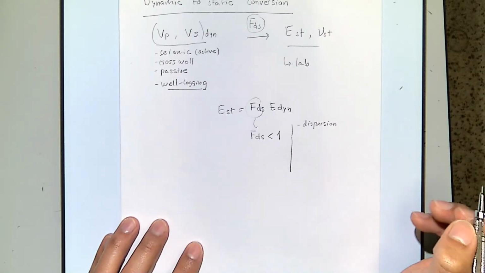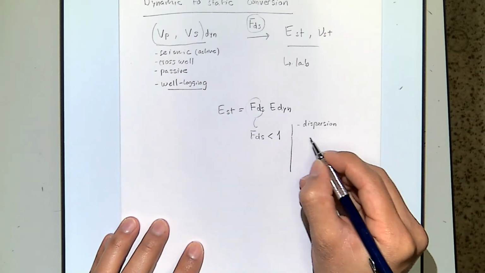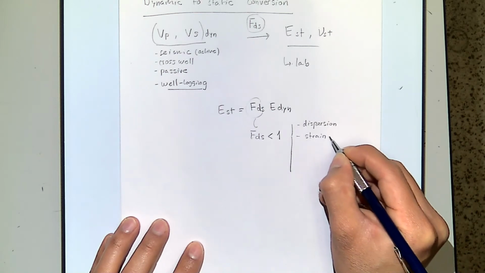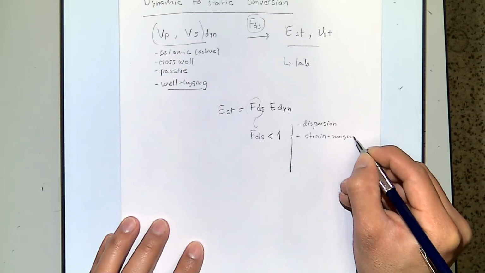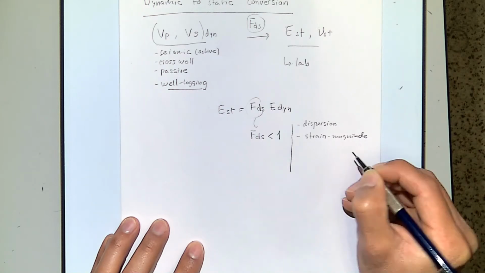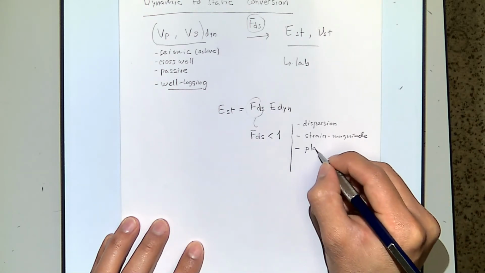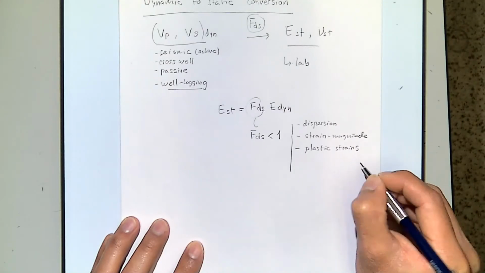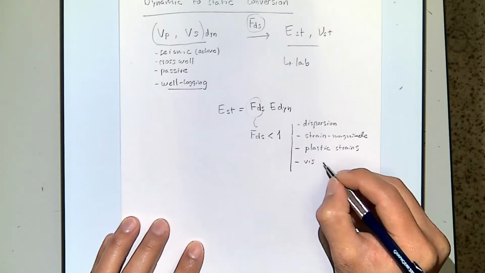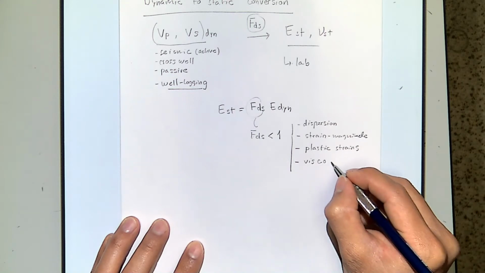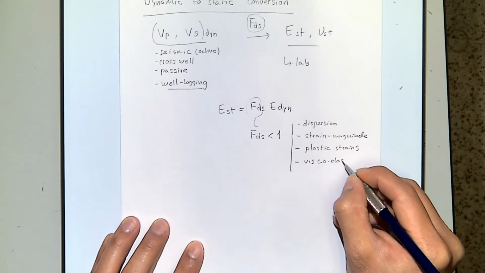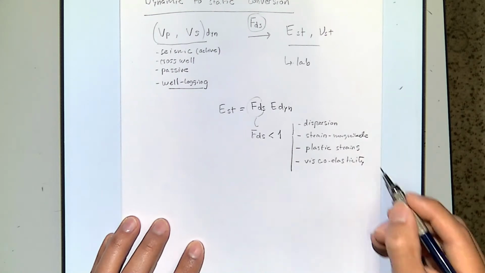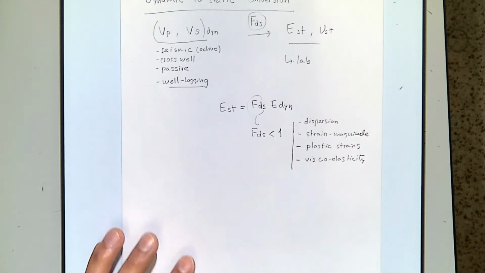Basically, variation of wave velocity with wave frequency. There is strain magnitude, and closely related to that, also you can have plastic strains, and related but not only to dispersion is viscoelasticity.